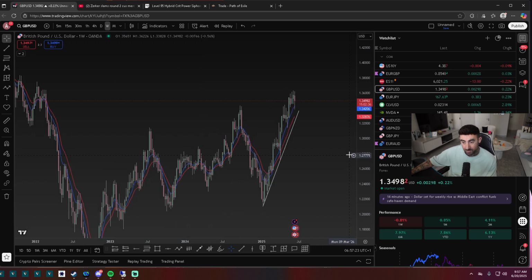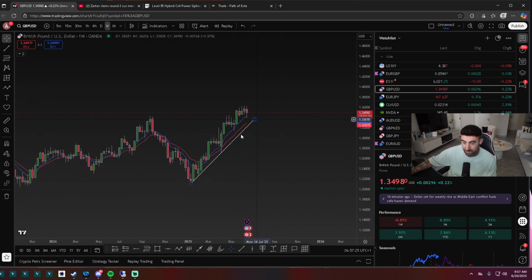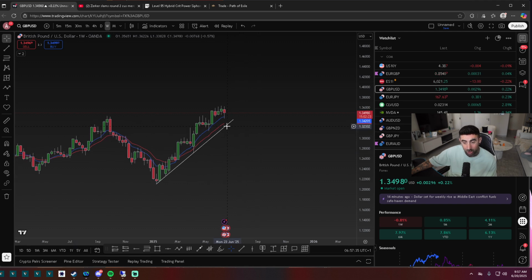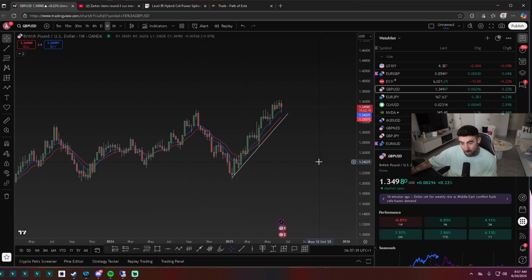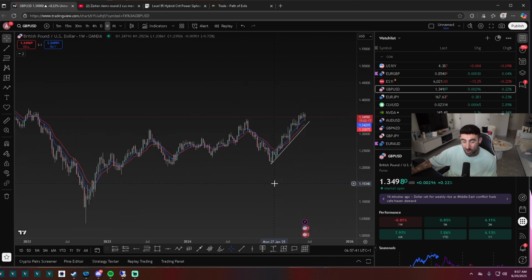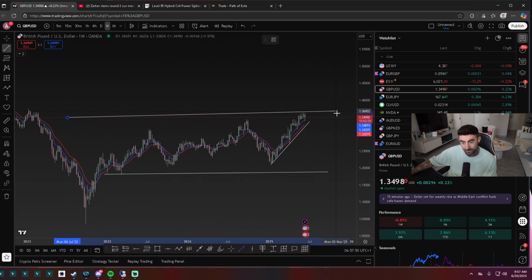On the weekly time frame, it's trending up, low, higher low. We haven't had a higher low yet. Well, that can be classed as a higher low, but I would call it a fake one because it hasn't come down and created a touch on the trends. So this is market structure. But overall, if you're looking at it, it's pretty sideways, i.e., it hasn't broken out of this range here.